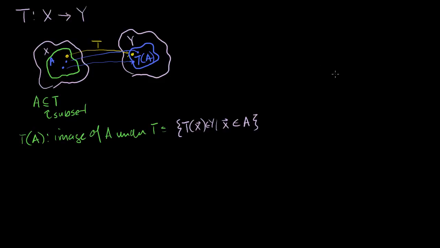Now, what if we wanted to think about the opposite problem? What if we were to start with set Y, which is our codomain, and we were to have some subset of Y?